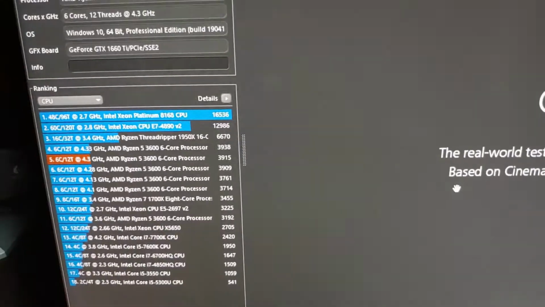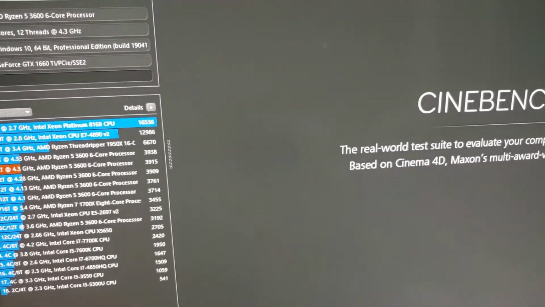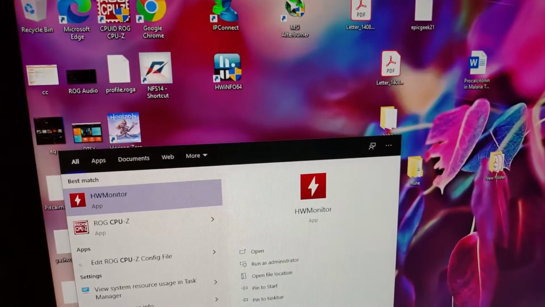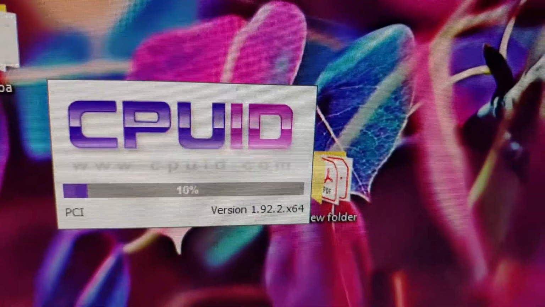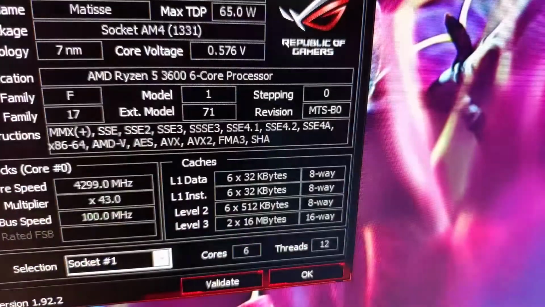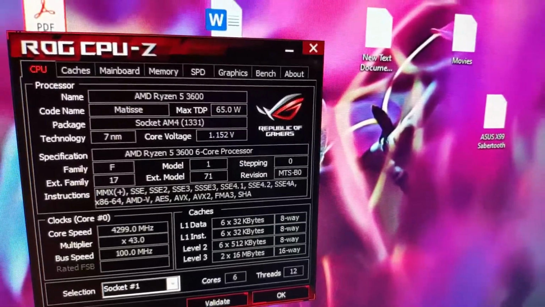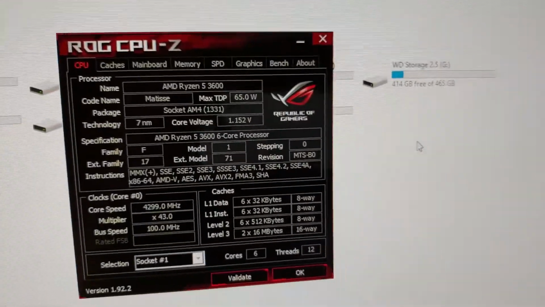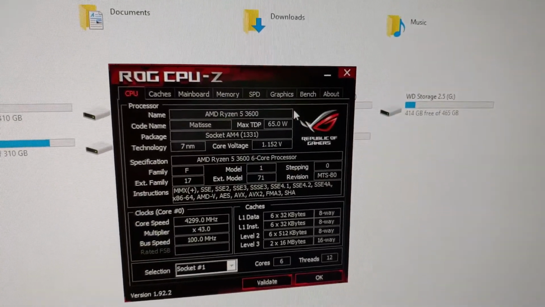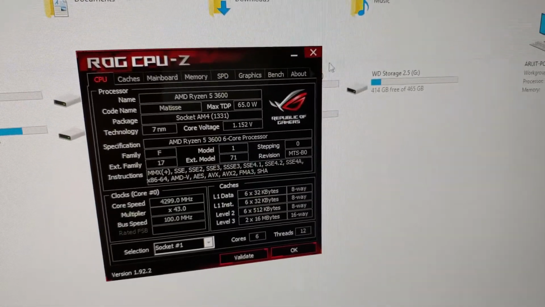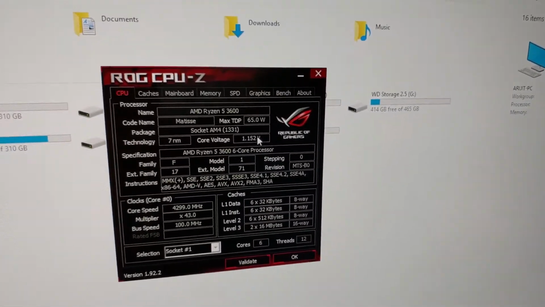For my single core score, I am going to show you another great benchmark. There is an inbuilt benchmark within CPU-Z itself. So let me show you that. Here you can see my overclock settings. Present voltage, as I said, sits around a 50 millivolt increase.